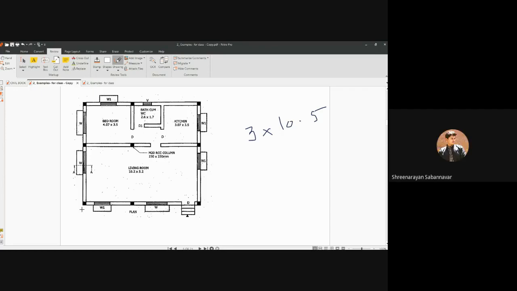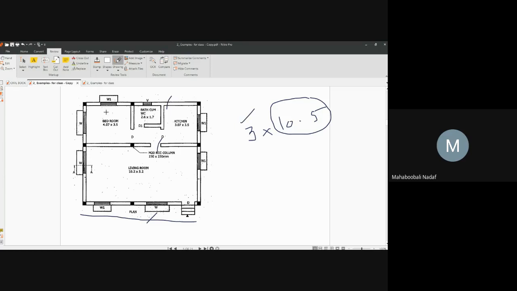Let me repeat once more. In horizontal direction, 10.2 plus 0.3 by 2 plus 0.3 by 2. That is 10.5. 10.5 is one side length, center to center. So how many are that type of walls? 1, 2, 3. That is why I have multiplied with 3.